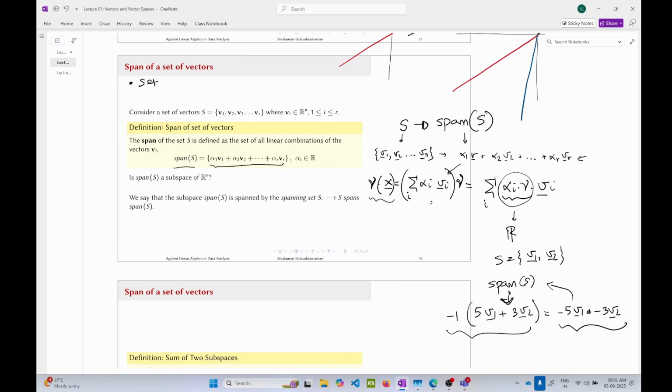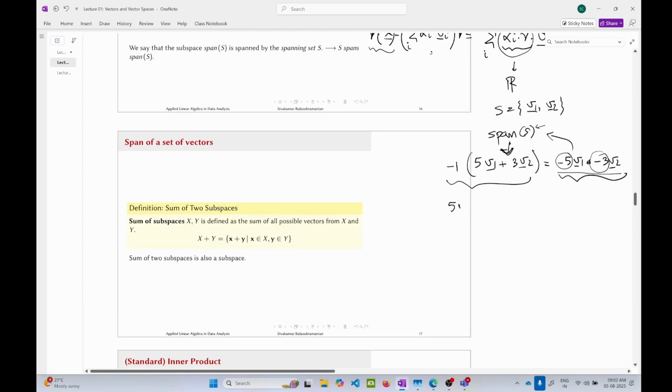I want to check if this resulting vector is in the span of S. But if you look at this, it is simply a linear combination of V1 and V2. I've simply chosen a different scalar, but it's still a linear combination of V1 and V2. That means it has to be in the span of S. So the span of S is closed under vector scaling.